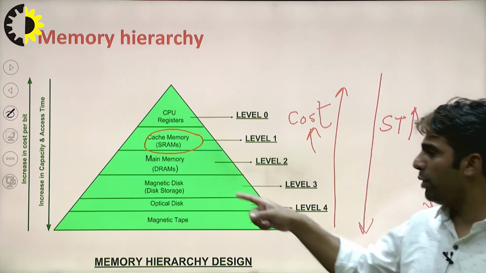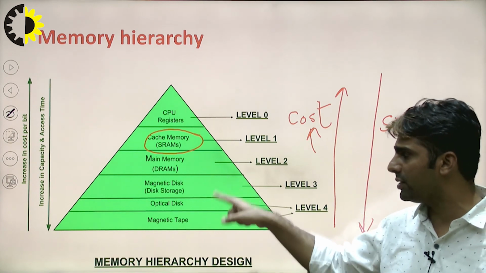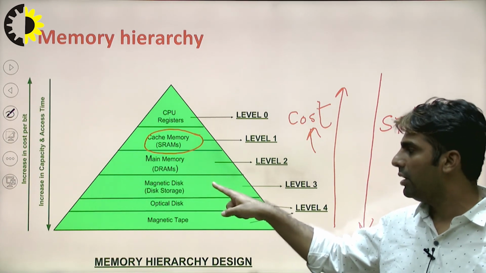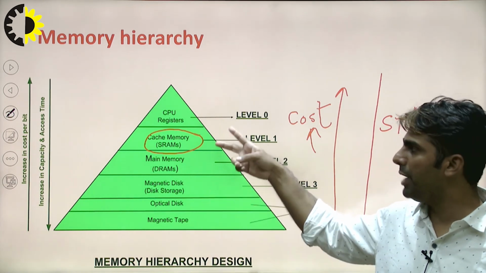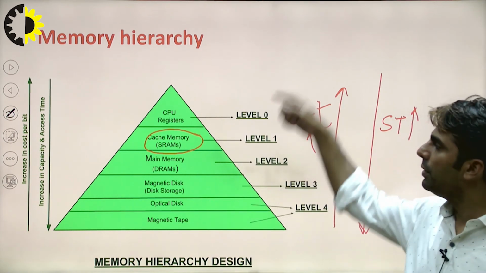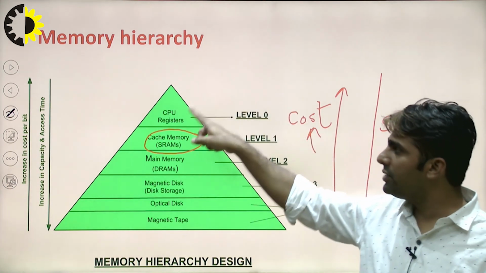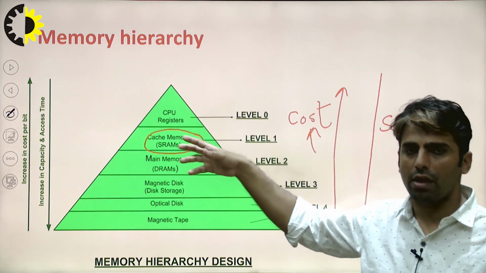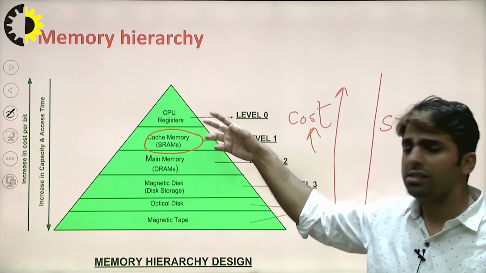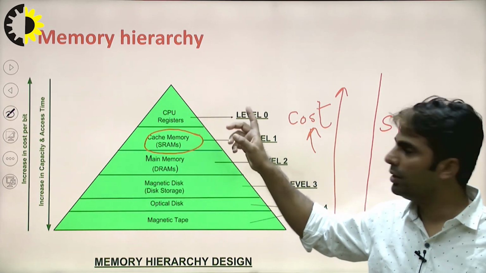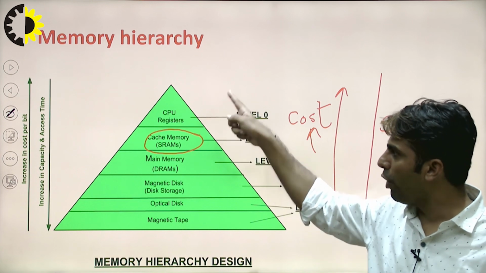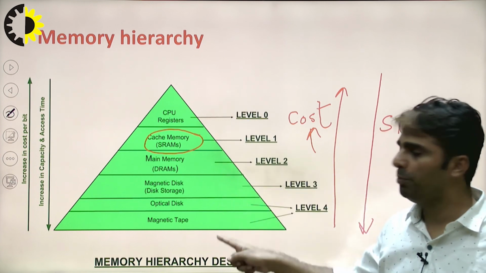Similarly here, searching for data in a magnetic disk or optical disk will take more time than in main memory and cache. Therefore, in registers, which have the smallest space, searching for data is easier and takes less time. And this grows from top to bottom.